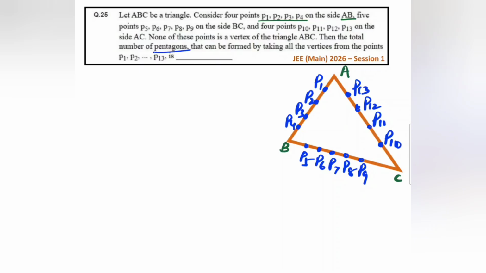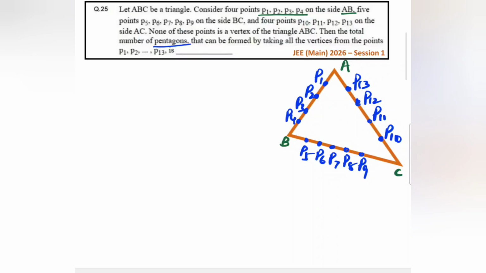The number of pentagons means, please try to understand, we need to select 2 from one side, 2 from another side, and 1 from the third side. 2, 2, 1 gives the pentagon, but please remember 3, 1, 1 does not give you the pentagon, because if you choose 3 points from one side, 1 from another side and 1 from the other side, it will not give you the pentagon. Let us consider AB, BC and CA.